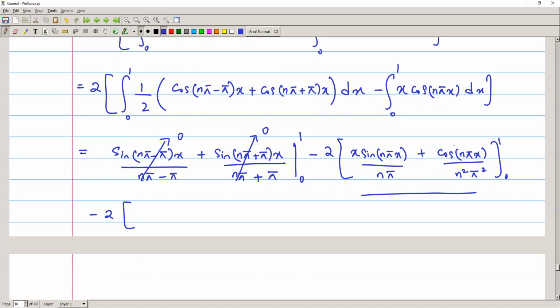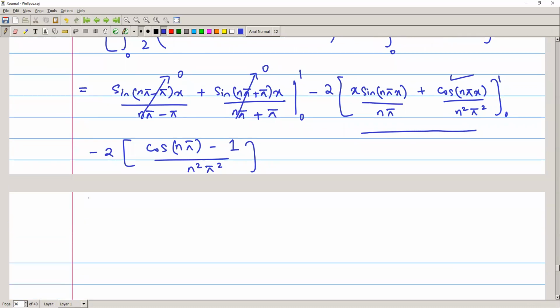So only this function will give the values for us. So this will be cosine n pi minus 1 divided by n squared pi squared. And we can write it as 2 over n squared pi squared times 1 minus negative 1 to the power n, because cosine n pi is equal to negative 1 to the power n.